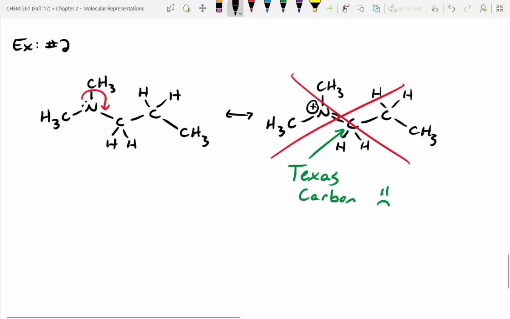So going back again, what hybridization must this nitrogen have? It's got to be sp3. It doesn't have the potential to delocalize, so it can't.